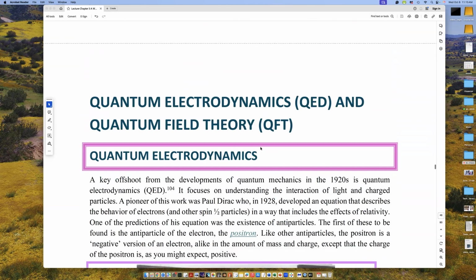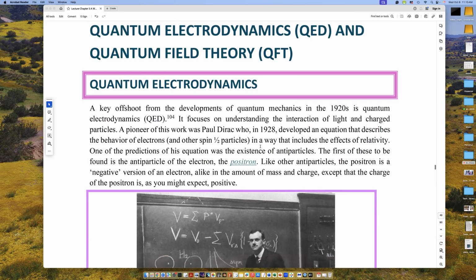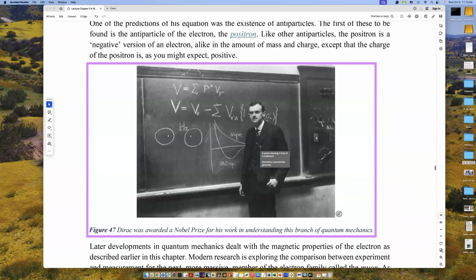Now, I mentioned that we are going to see the modern version of quantum mechanics. It appears in the late 1920s, propelled forward by Paul Dirac, the first person to get a PhD in quantum science.